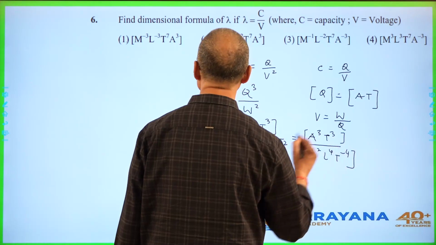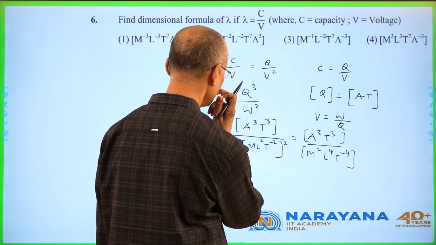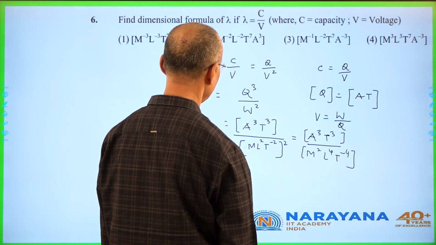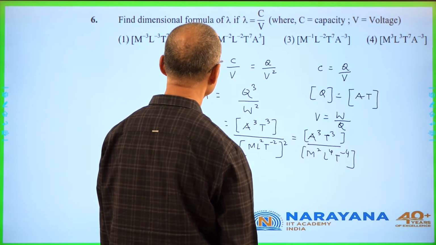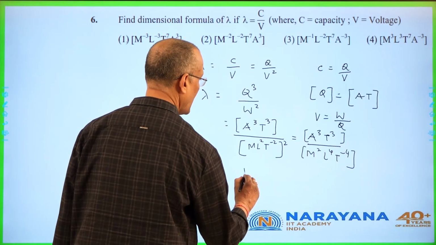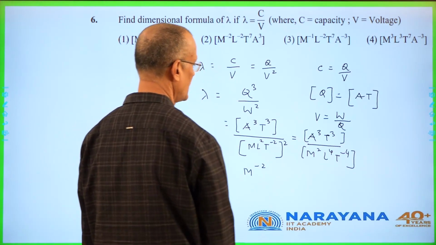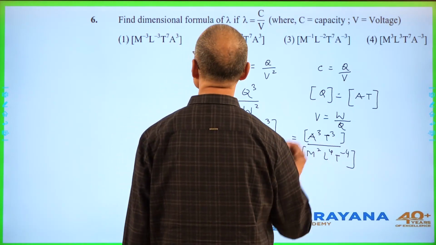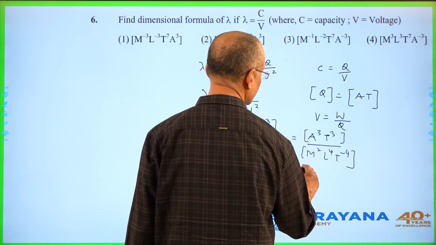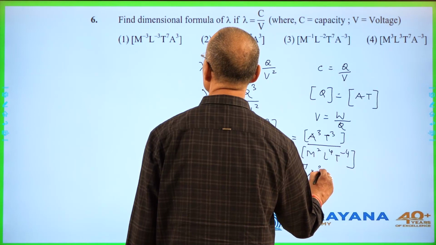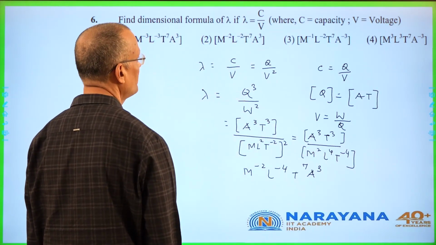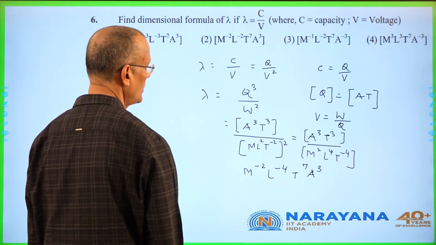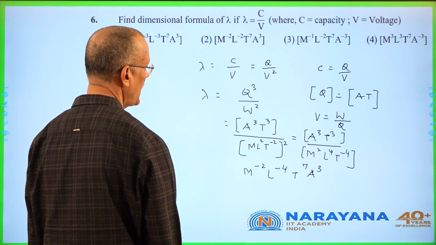So, if I take it up, what am I going to get? From here, C by V, I am getting M minus 2, L minus 4, T 7, and A cube.